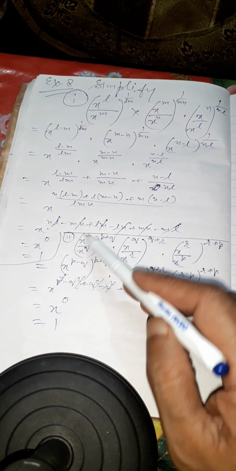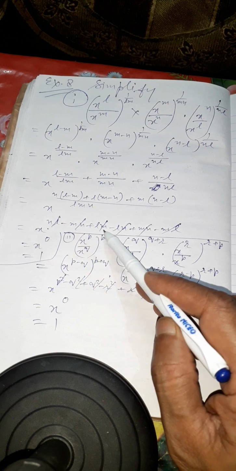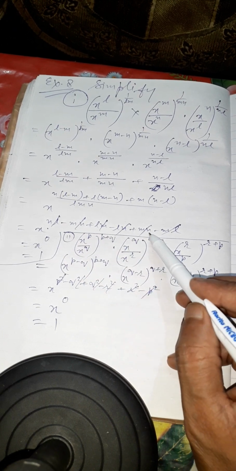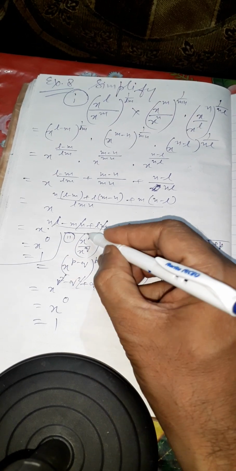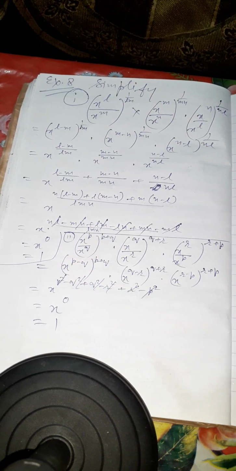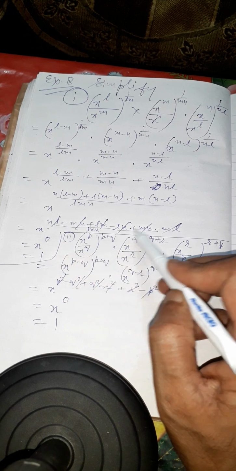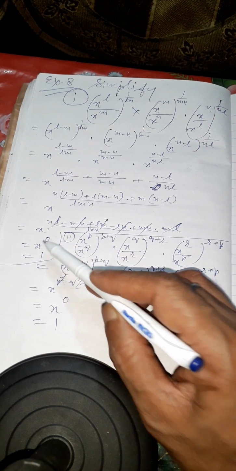We multiply the numbers: (nl - mn + lm - nl + mn - lm) upon lmn. All the terms cancel, so we get x to the power 0.